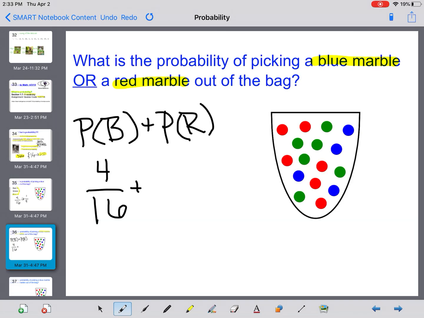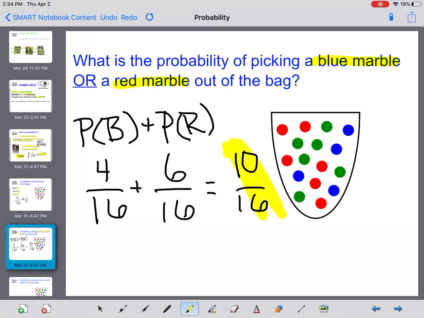And then red is 6/16. We know how to add our fractions. 4 plus 6 is 10. We have a common denominator, so this will stay 16. 10/16 is the probability of picking a blue marble or a red marble.